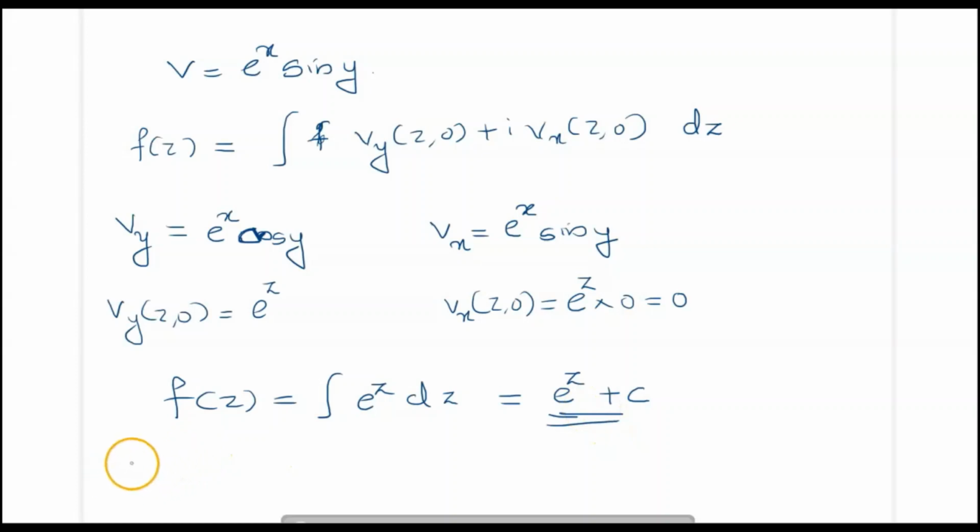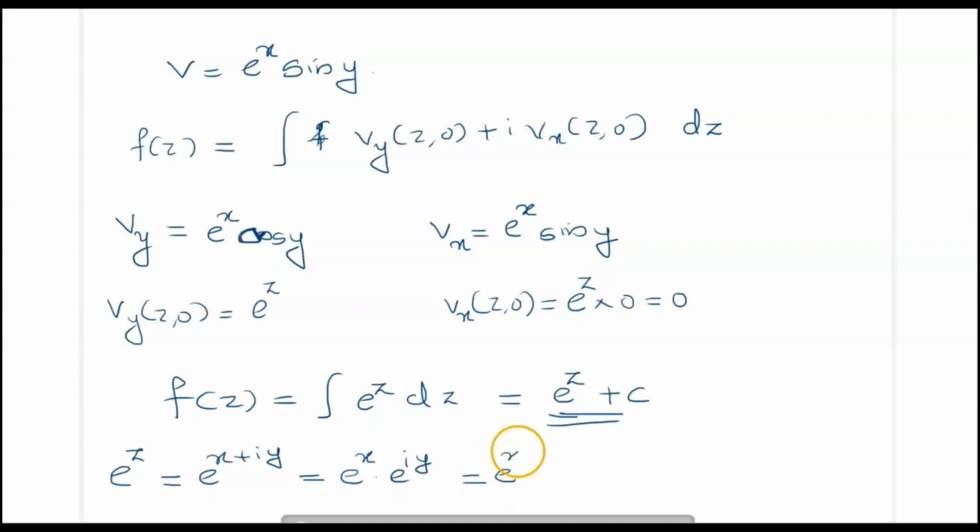If you want to verify, let's check e raised to z. E raised to z is e raised to x plus iy. You know that z is equal to x plus iy, the complex number. So we can write this as e raised to x into e raised to iy.